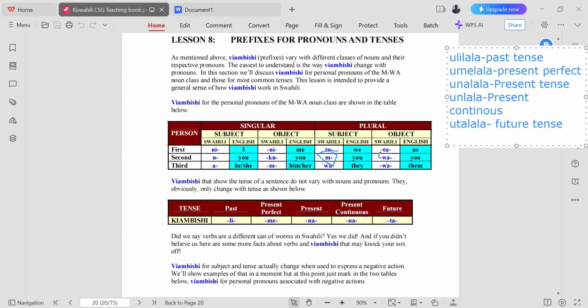Now let me go back again now in English. When they say ulilala, that means you are asleep or you slept. Now, when you say umelala, that means you are asleep.